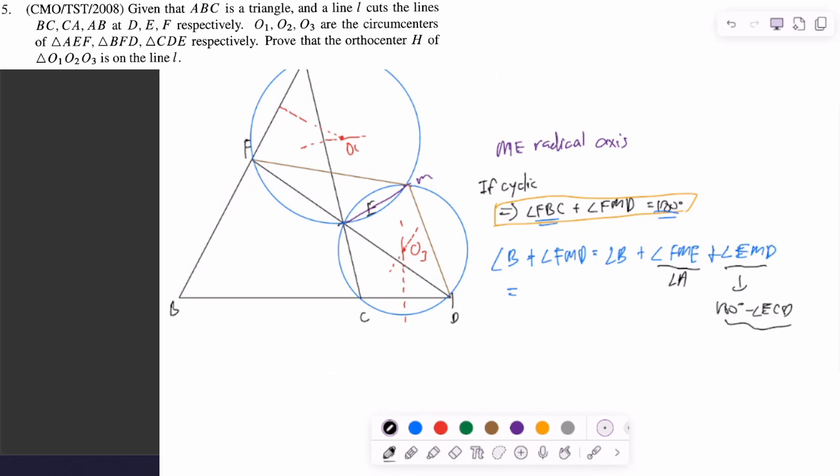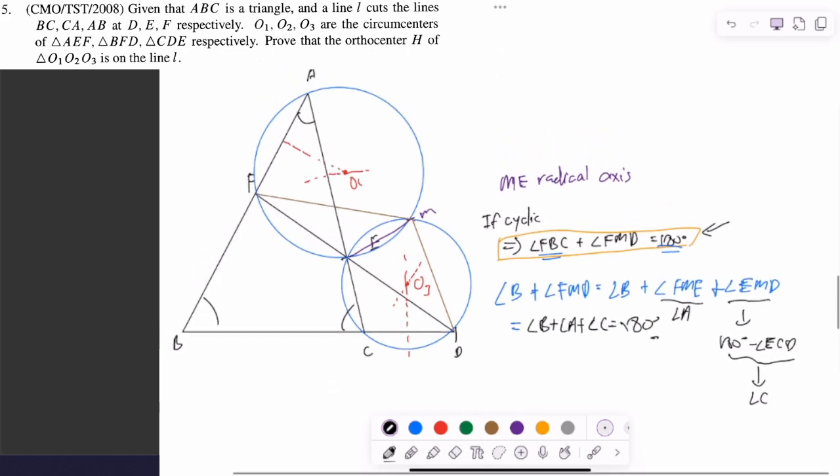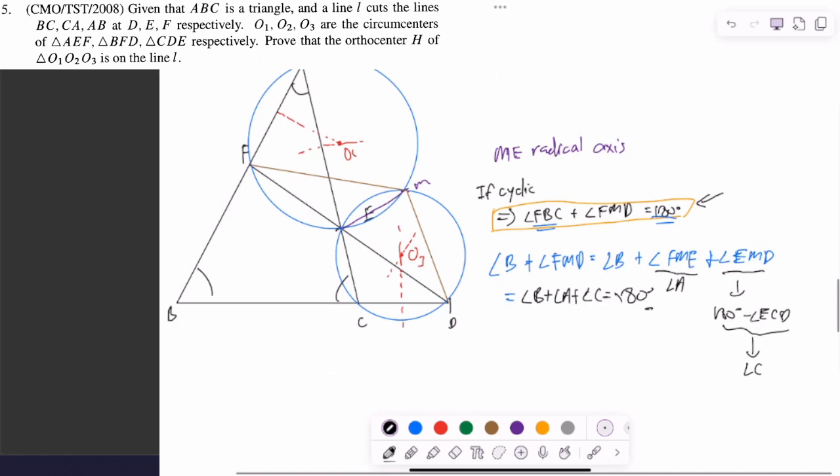Just 180 degrees minus this one, which is angle C. So we got angle B plus angle A plus angle C. What is this equal to? This is literally the three corners of the triangle. Sum them up, it's 180 degrees. So we just proved this one. We just proved it, yeah.